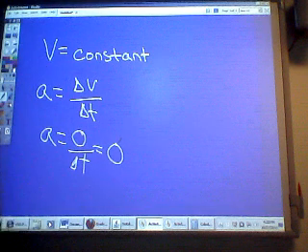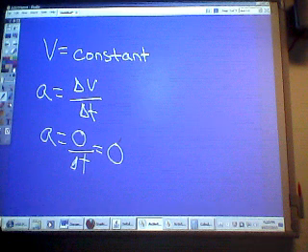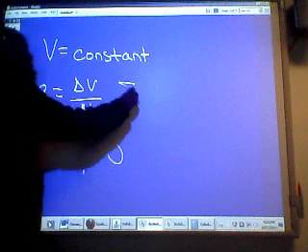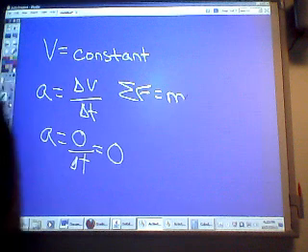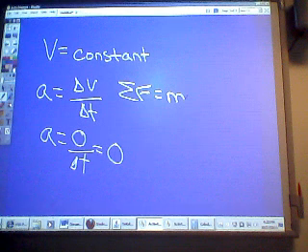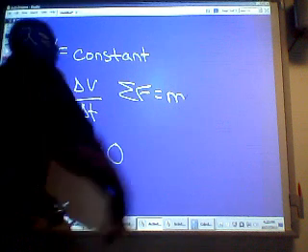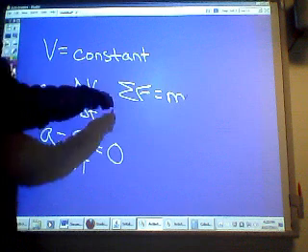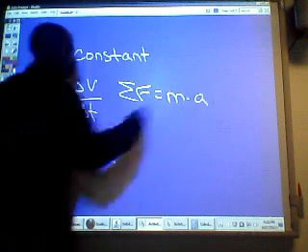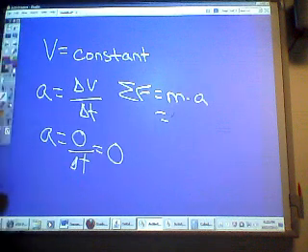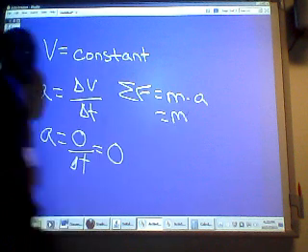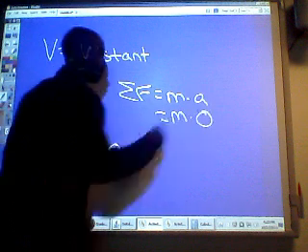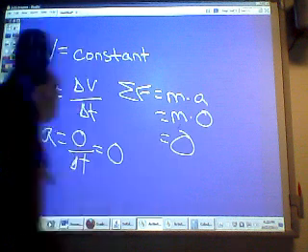When they ask what is the net force acting on the car, no matter what the mass is, if my acceleration is zero, the net force is zero.